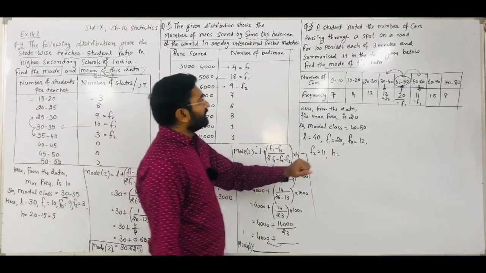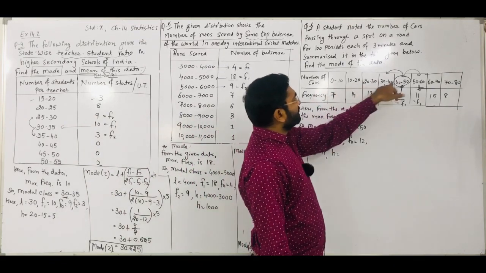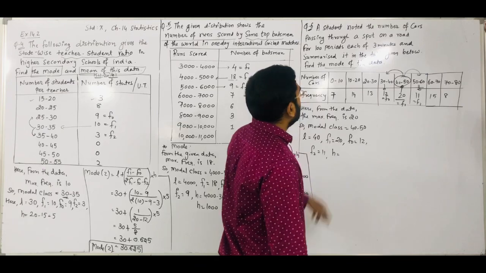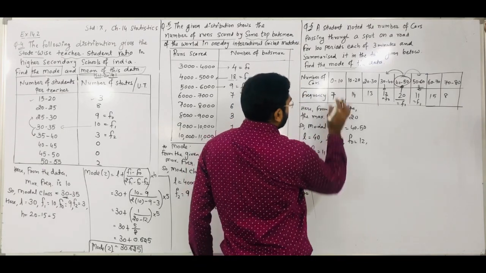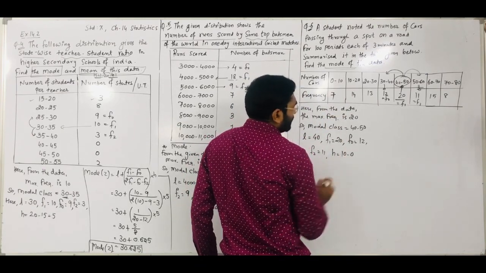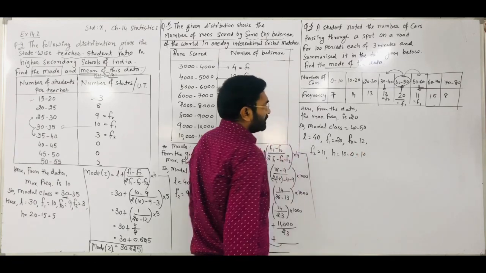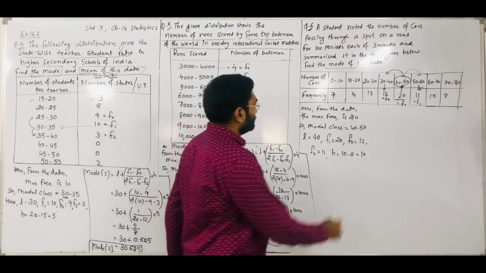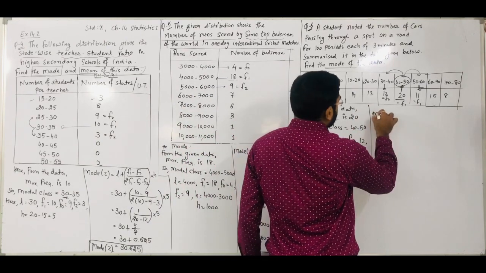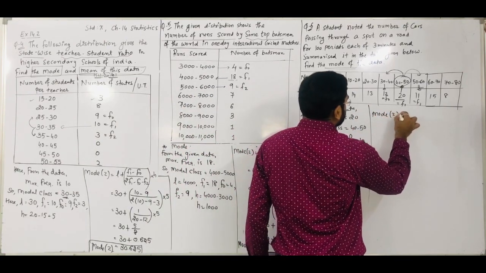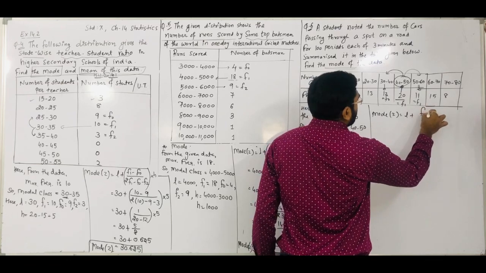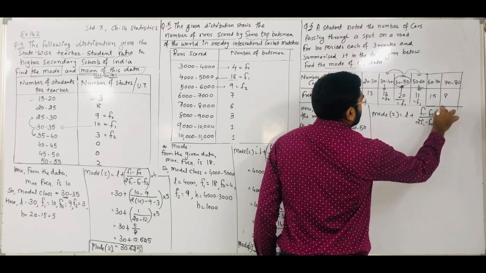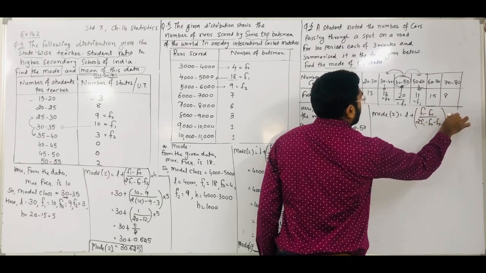And we require the class size h value. How can we define the h value? See, all the classes are given as continuous and all the class sizes are the same. So from the first class we can take the upper limit minus the lower limit, so we get 10 minus 0, which is 10. So we apply the mode formula here. Mode is equal to L plus (f1 minus f0) upon (2f1 minus f0 minus f2) into h.